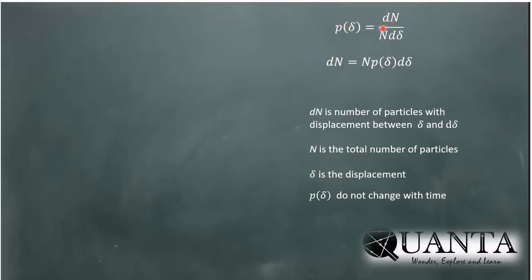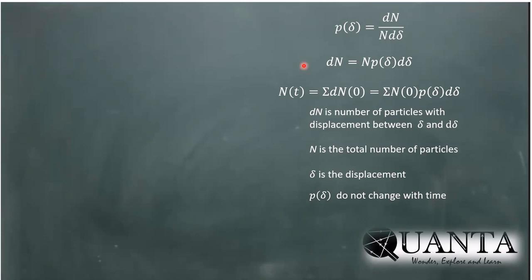We now have the probability density function, and using that we can find the number of particles that fall within an infinitesimal interval d delta on the displacement axis. We can use this information to find the change in the number of particles by summing over all the displacements. Let's see how we can do this.